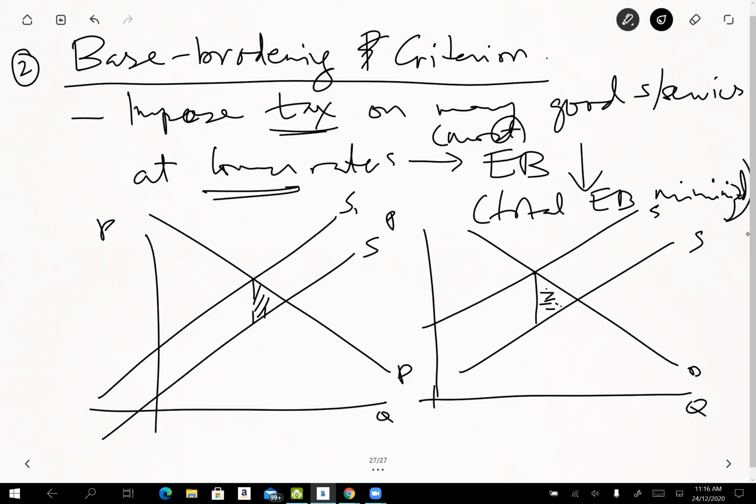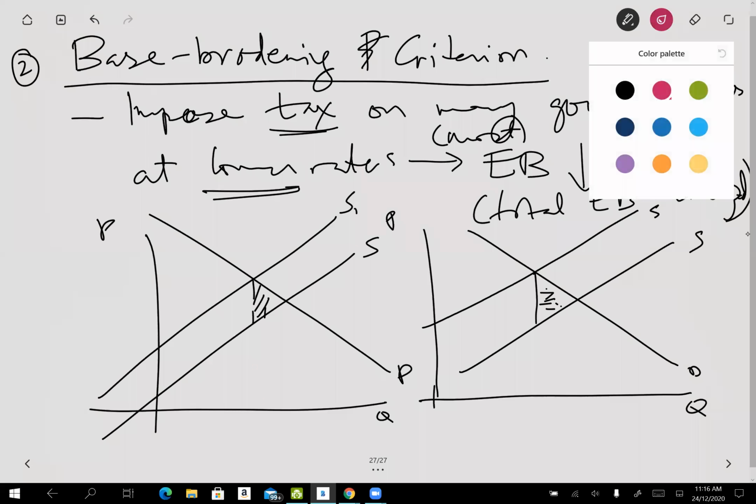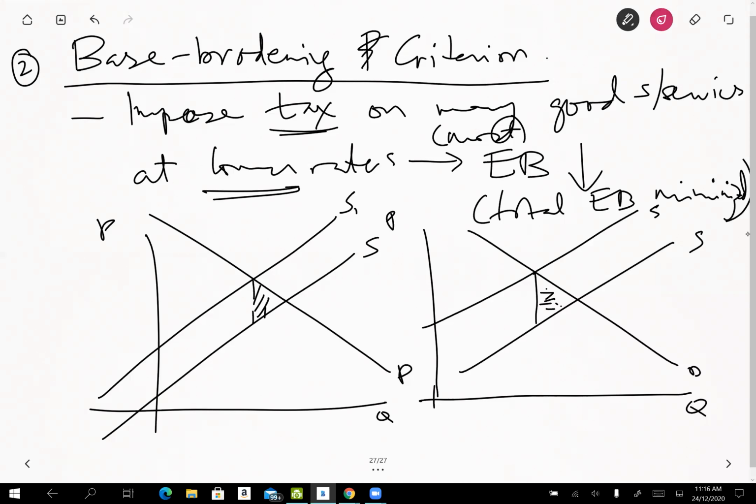But now if I tax both smaller, all right, but I tax both of these goods. Let's say this is S2. Now it should be smaller. Make it smaller. Now, what happened to the total excess burden?